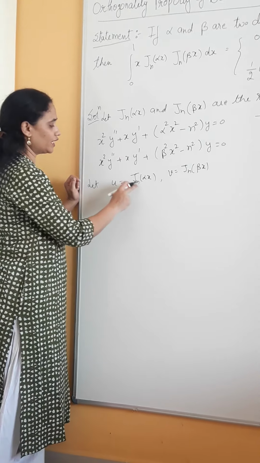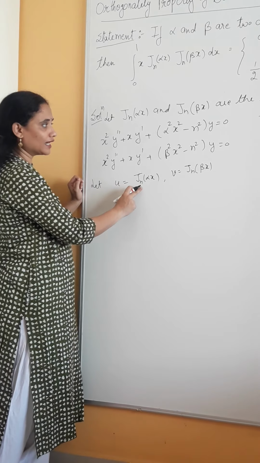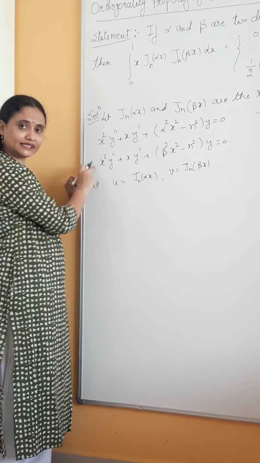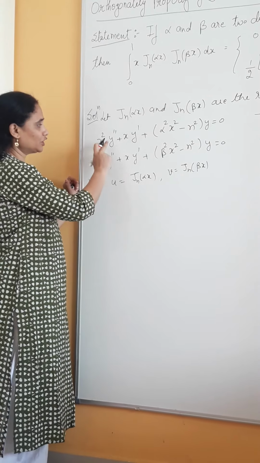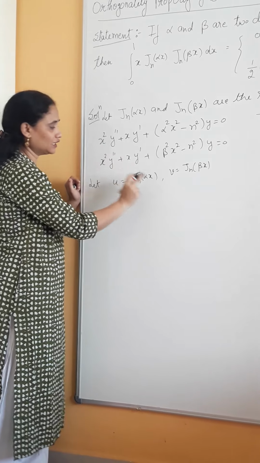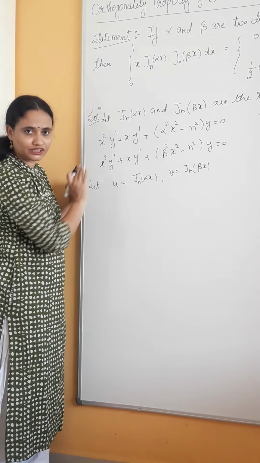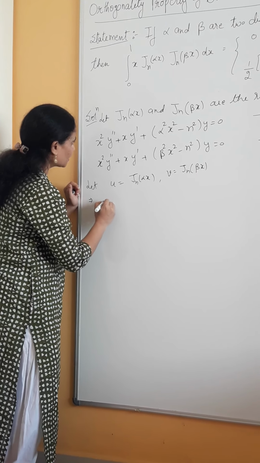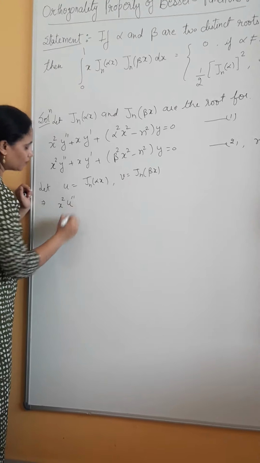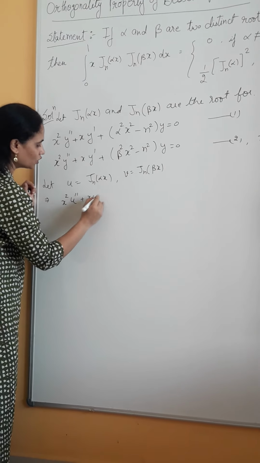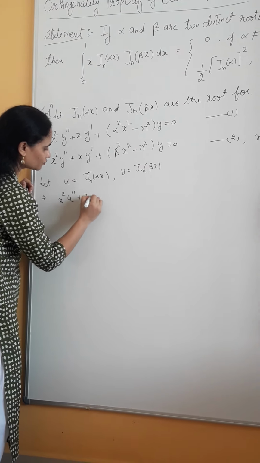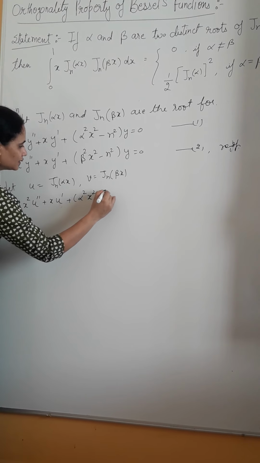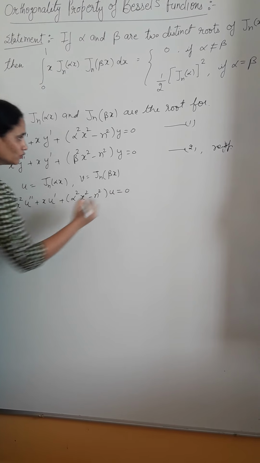So now if u and v we have taken like that are the roots for these equations, that means these will satisfy these equations. If I substitute y equal to u in the first equation and y equal to v in the second equation, this implies x square u double dash plus x u dash plus (alpha square x square minus n square) u is equal to 0.